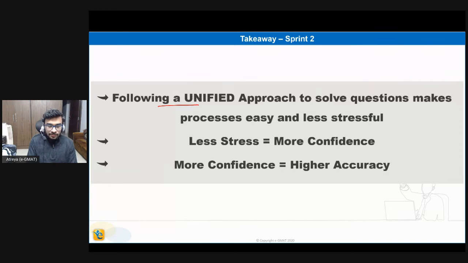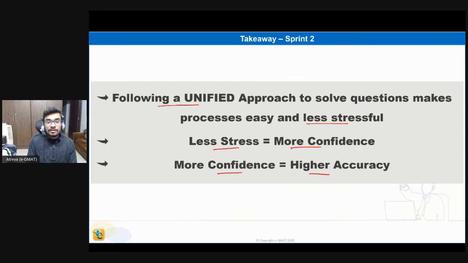Now, if you use this approach to solve questions, the process really becomes easy one by one. The more questions you solve, the easier it becomes progressively, and it also becomes less stressful. The less stress you have, the more confidence, and with more confidence, you have higher accuracy.